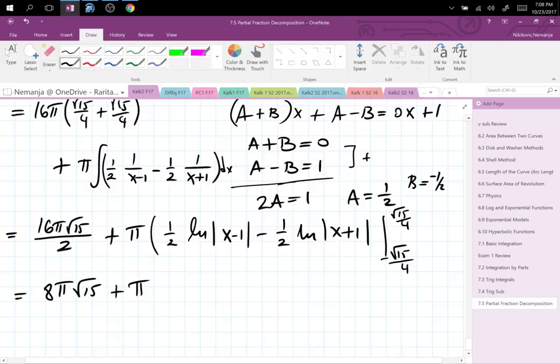Now what I'm going to do is I'm going to combine this into a single log by division of these. So what we actually have is the square root of x minus 1 over x plus 1. Because when you factor out a half, there's ln in front.